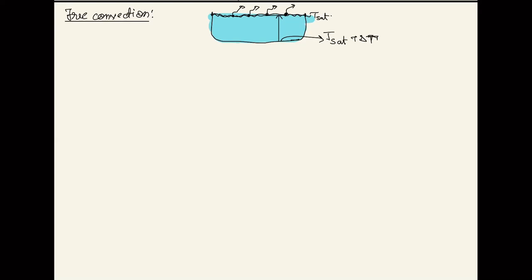So this is the particular case where free convection is taking place, and here the delta T is less than or equal to 5 degrees Celsius.